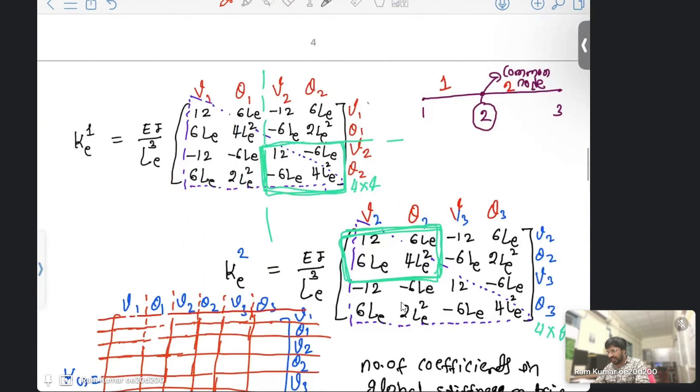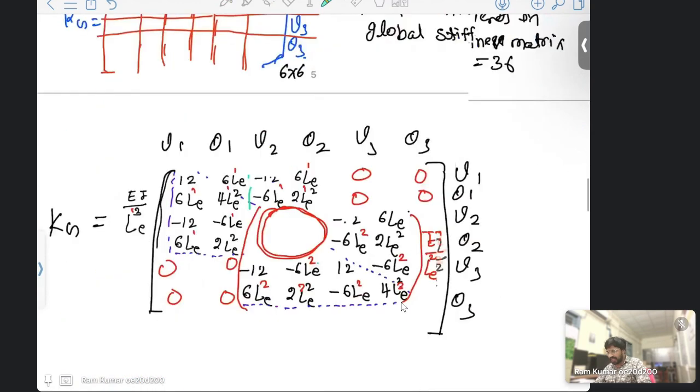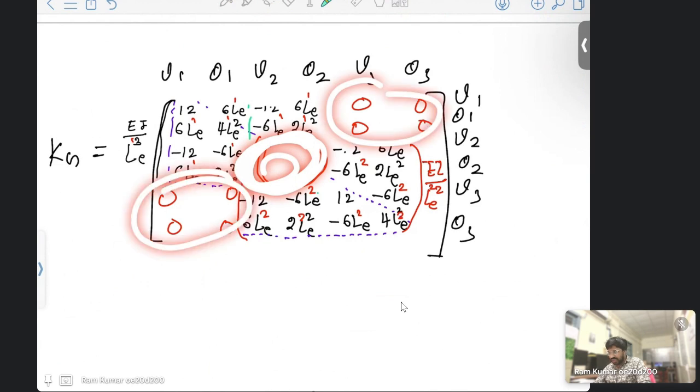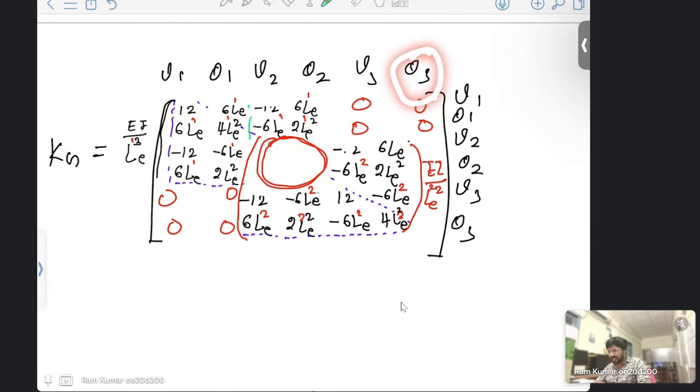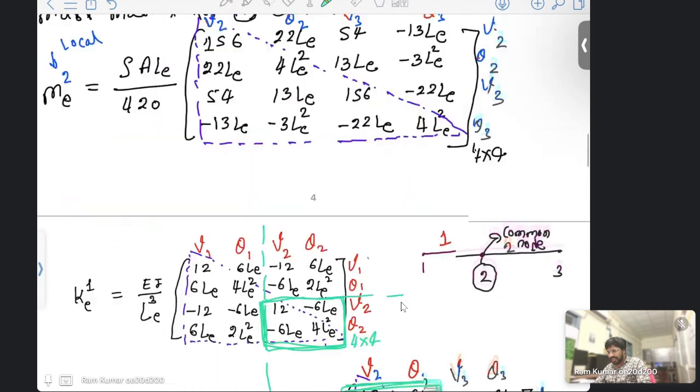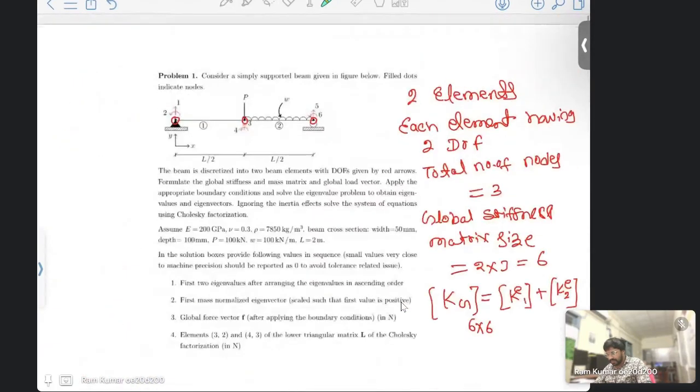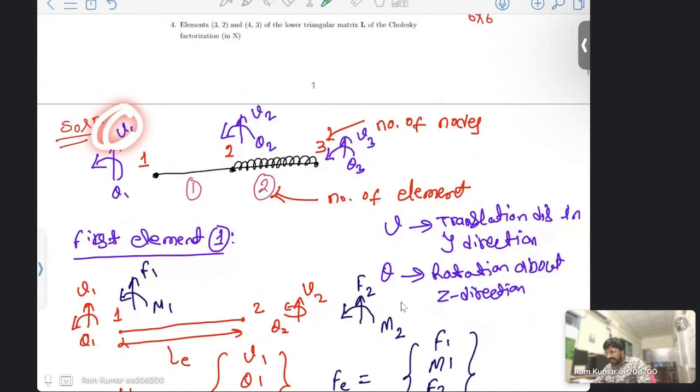So what I'm saying, this two by two matrix we have to add, and this matrix will come here at this location, and the remaining points will become zero because B1 doesn't have any effect at theta 3, so this will be zero. What I'm saying is that this degree of freedom doesn't have any effect at B3, so it will be zero. But this degree of freedom has an effect on B2, so this will not be zero.